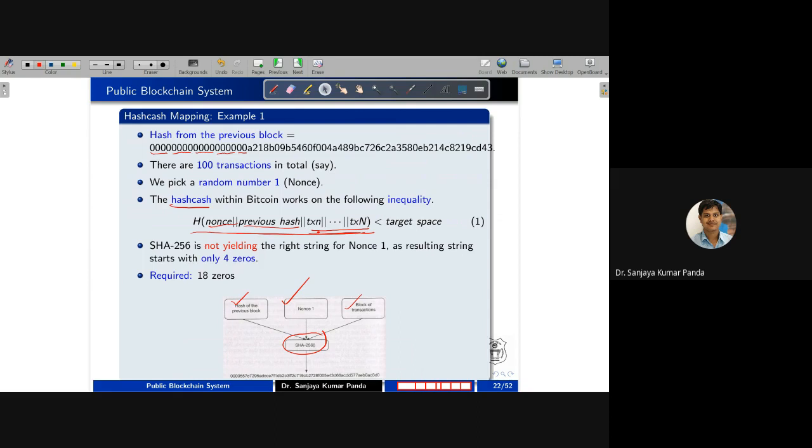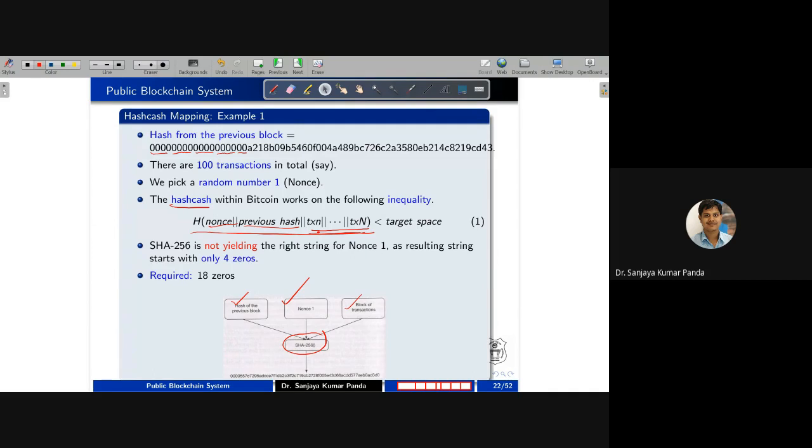So what can you conclude? You can simply conclude that this is not matching the hash of the previous block. That means SHA-256 is not yielding the right string for nonce 1, as the resulting string has only 4 zeros. So it is in no way related to the previous hash value.